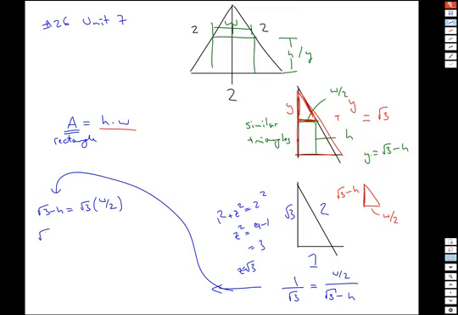We can divide through by root 3, and we can multiply across by 2, and that gives us an expression for the width. And that is something that we can then sub into the area formula.